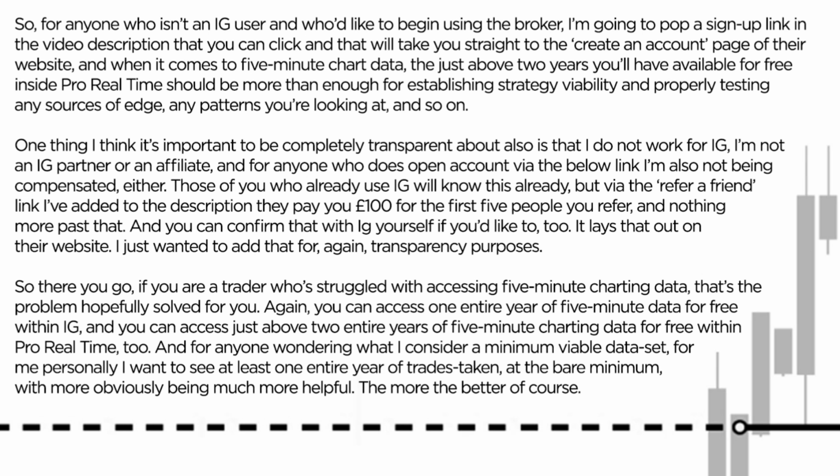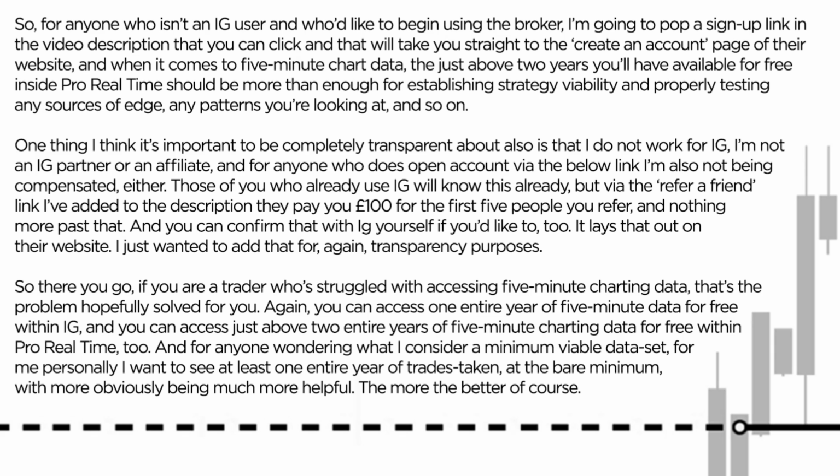So there you go. If you are a trader who's struggled with accessing 5-minute chart data in the past, that's the problem hopefully solved for you. Again, you can access 1 entire year of 5-minute chart data for free within IG, and you can also access just above 2 entire years of 5-minute chart data for free within Pro Realtime too.